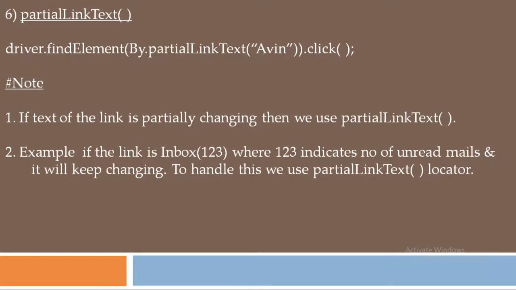See, in Inbox, the number 123 keeps on changing whenever you get a new mail. The same thing with Facebook notifications and messages: if you get new messages, the number in that link keeps on changing. In such cases, where the value changes dynamically, we will go for partial link text. So we consider only the Inbox text, which is the partial text, and then test whether we are able to perform an action on that link or not. In that kind of situation we go for partial link text.